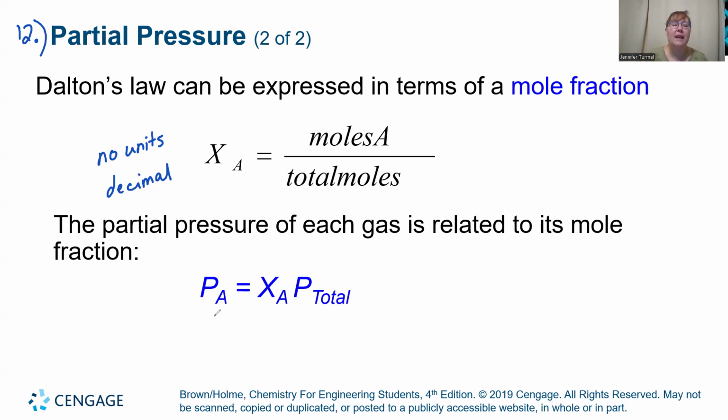We can also say that the pressure of gas A is equal to the mole fraction of A times the total pressure. Okay. And that's another way of kind of working through that. Sometimes you'll also use that the total pressure is equal to the pressure of A divided by its mole fraction.